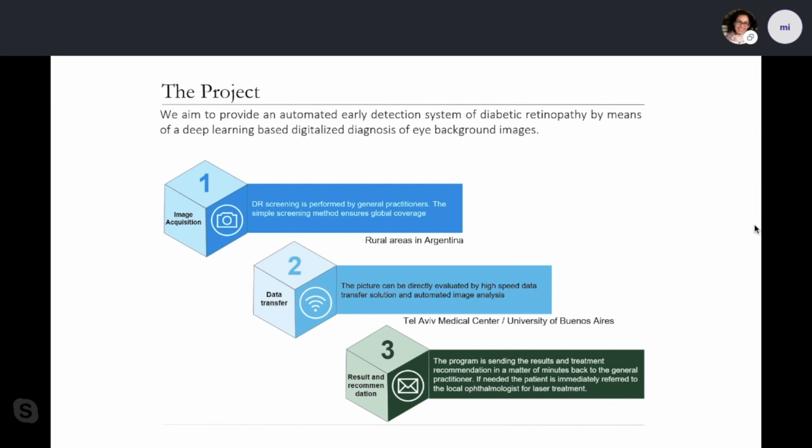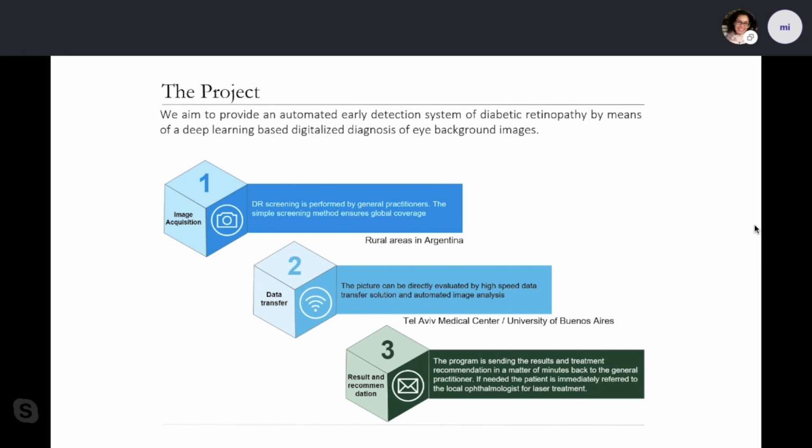We are going to read those pictures and we are going to send right away, step number 3, the result of recommended treatment. If the patient doesn't have any sign of diabetic retinopathy, such as hemorrhage, exudate, etc., we will say, okay, this patient should have another picture in, for instance, 1 year.